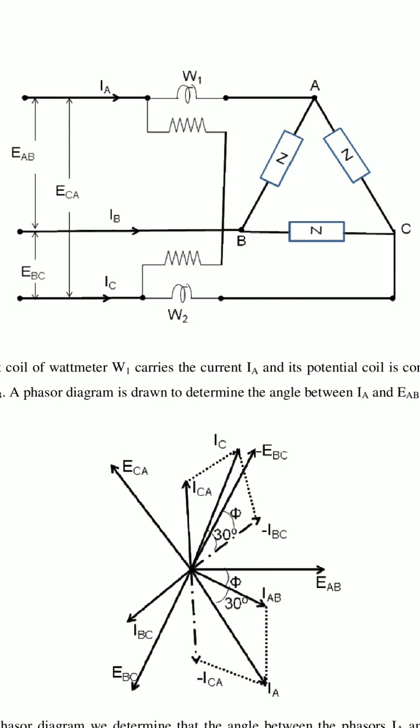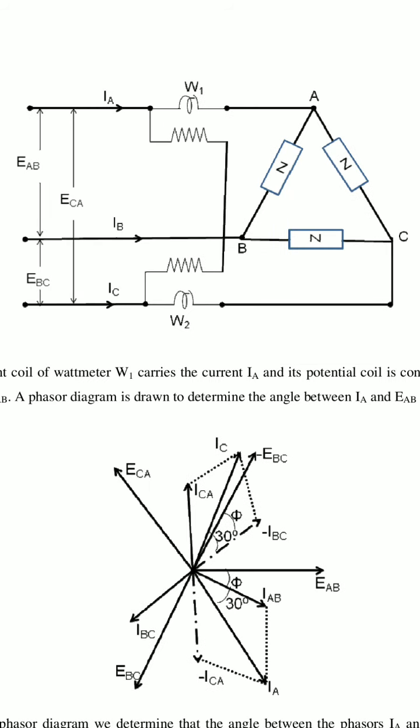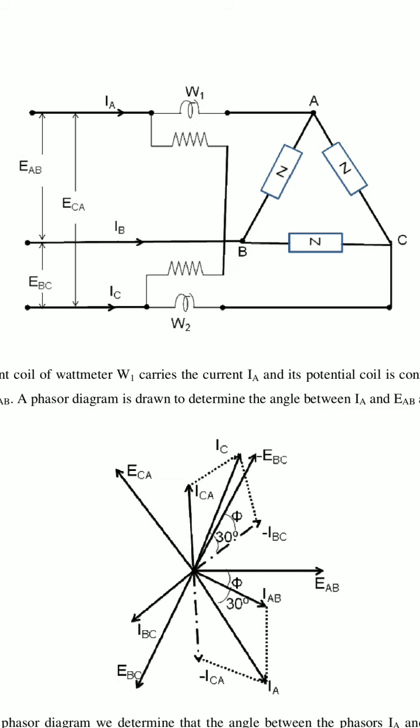Wattmeter 1 is connected to phase A and phase B, and wattmeter 2 is connected between phase C and phase B. B is the common terminal for the two wattmeters. So here observe this phasor diagram.